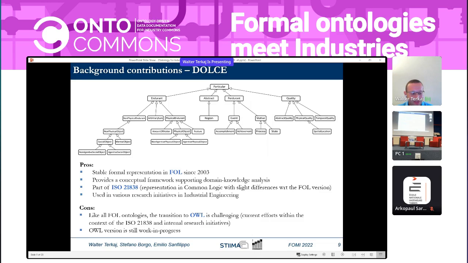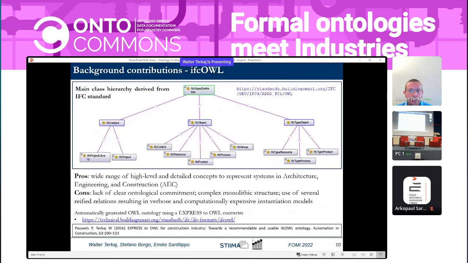And the main reason why is that it's not that easy to move from a first order logic ontology to an OWL ontology, since Dolce was born as a first order logic and then a common logic in the recent ISO standard. Another background contribution is IFC-OWL, a well-established ontology based on the IFC standard.